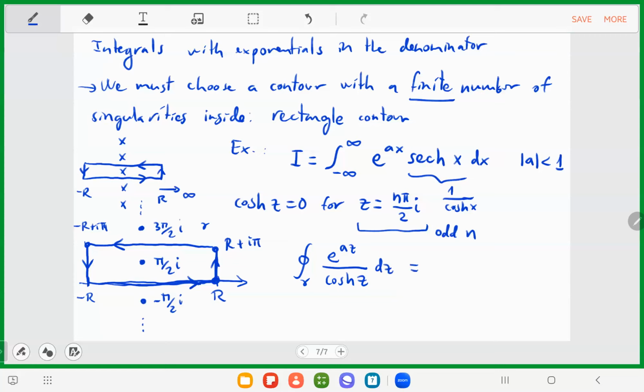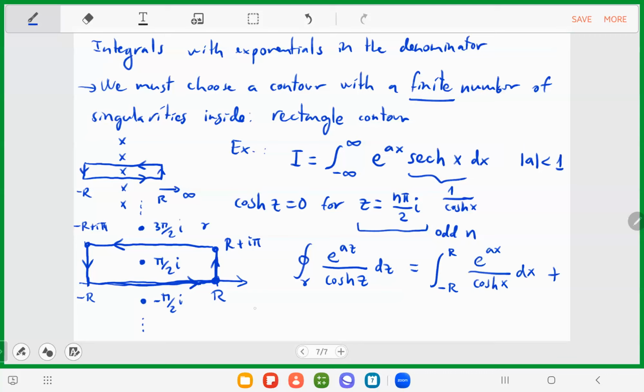Let's start with the x-axis integral before taking the limit. The change of variable is very easy: z is the same as x. The line integral becomes the real integral between minus r and r of this function with x as a variable. This is the horizontal piece on the real axis.